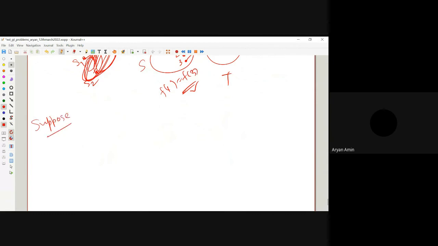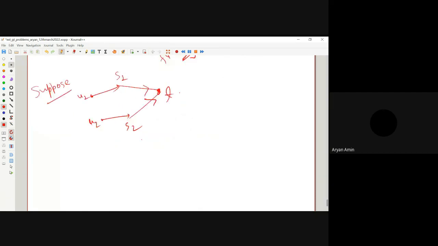Suppose U1 is going to S1 and U2 is going to S2, and suppose they point to the same element T, right? Can this happen? Now, does anyone see any problem with this?